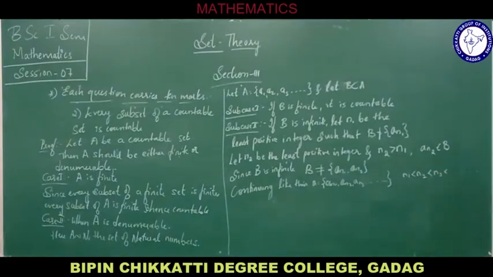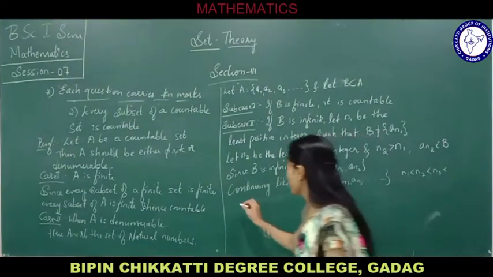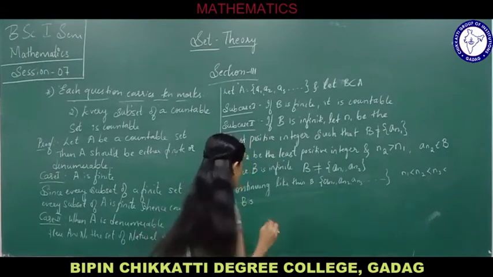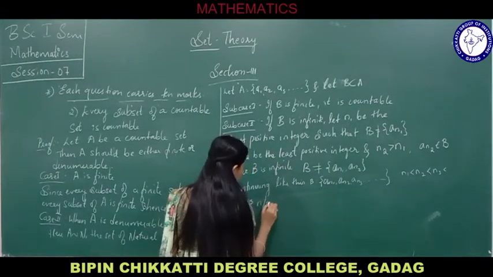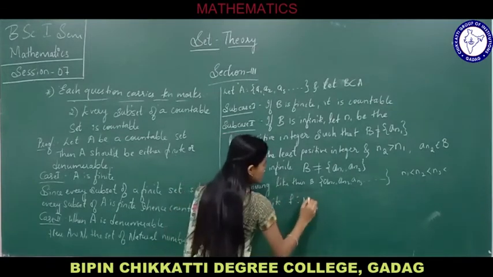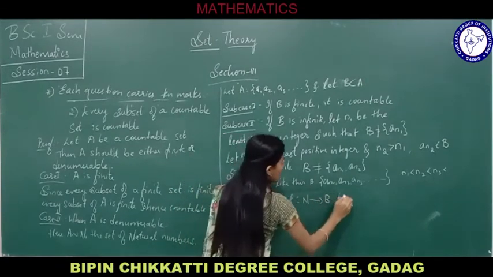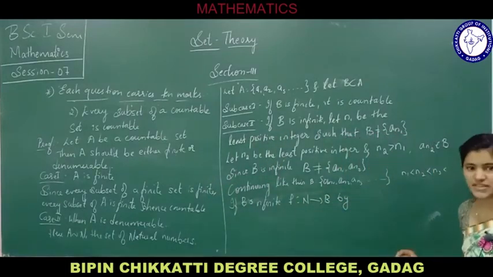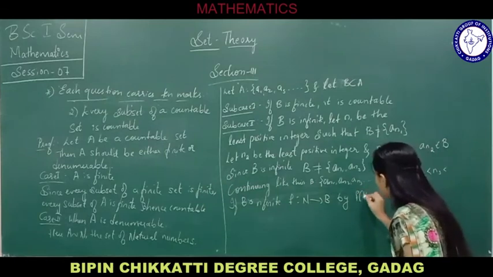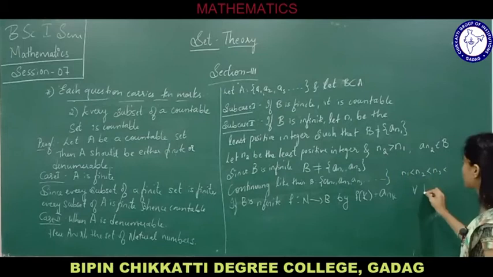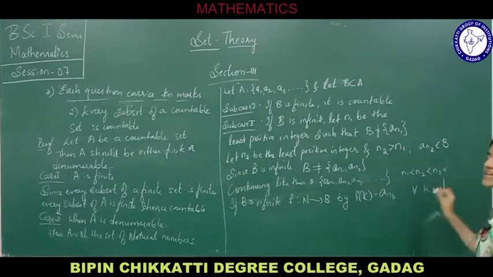Now, since B is infinite, we define a function f from N to B by f of k equals Ank for all k belonging to the set of natural numbers.